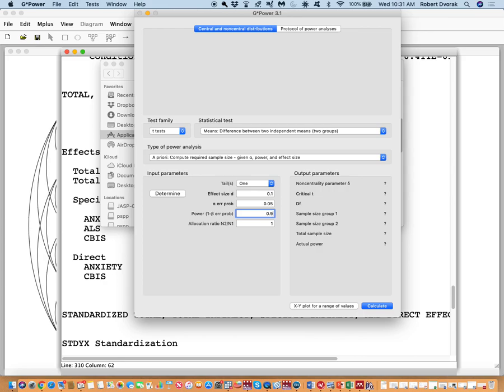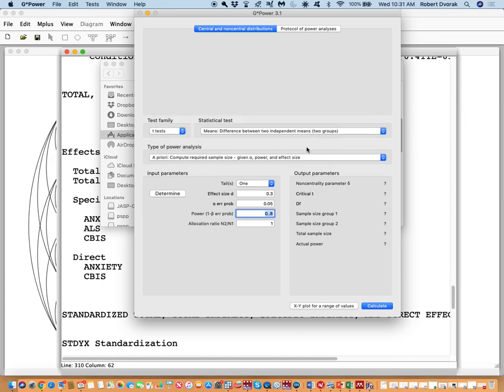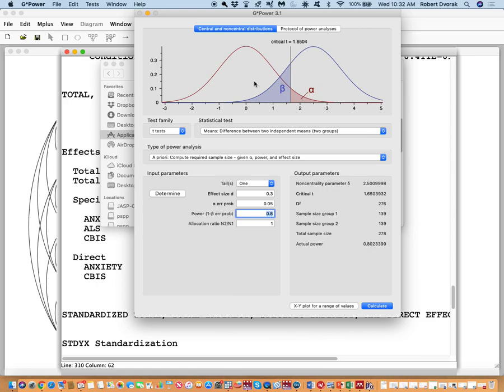Let's put this back to 0.8, and then we can also change our effect size. Let's say that our effect size is 0.3, and what you'll see here is a change in your critical t value up here, and by increasing the effect size even a small amount, you see a dramatic reduction here, right?